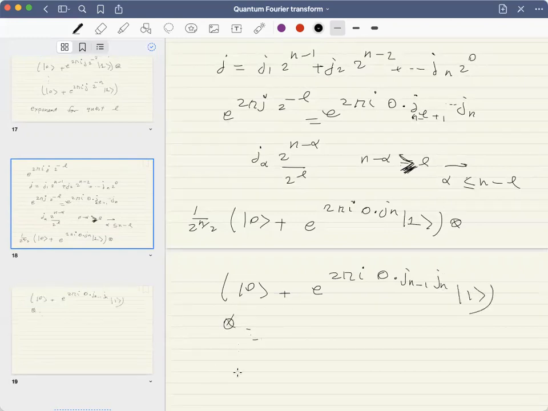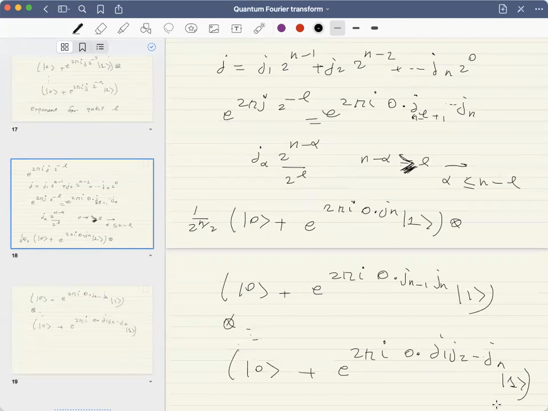And then this keeps going, and at the end of the day, when L is equal to n, this starts at 1.